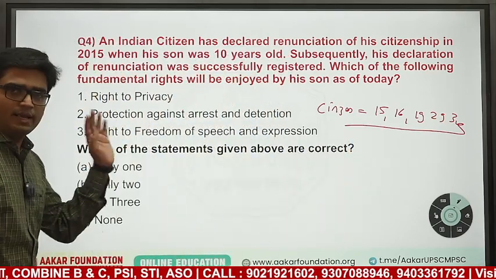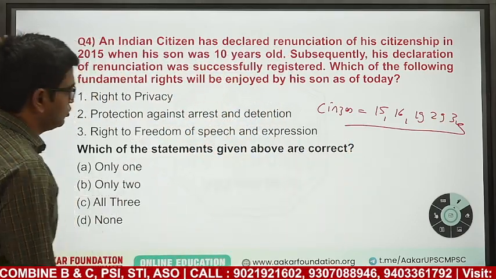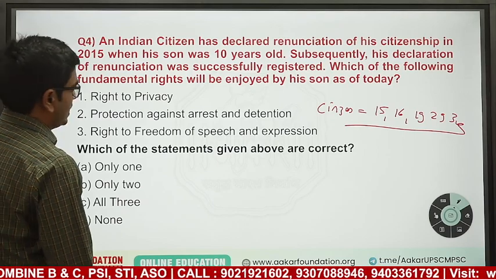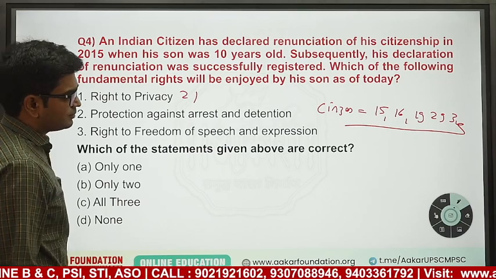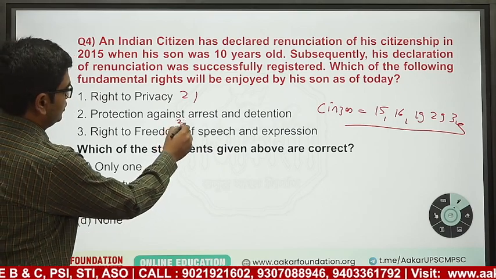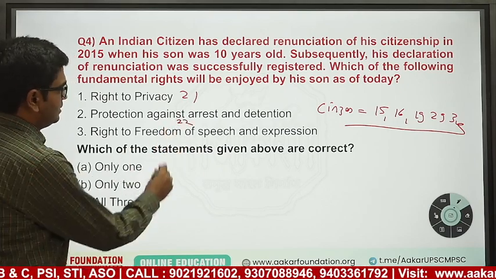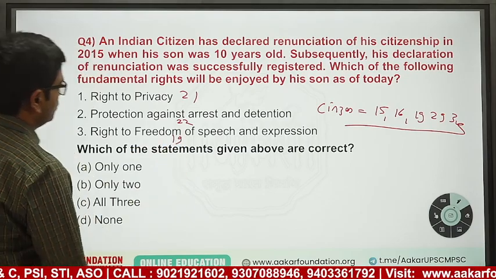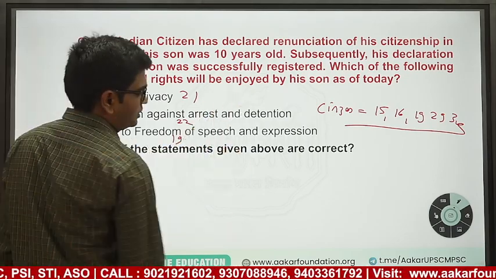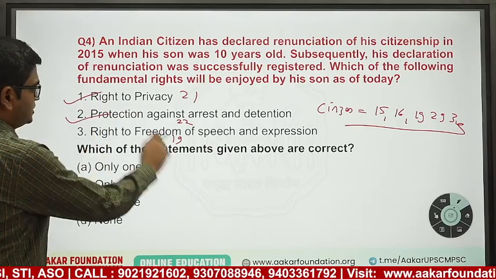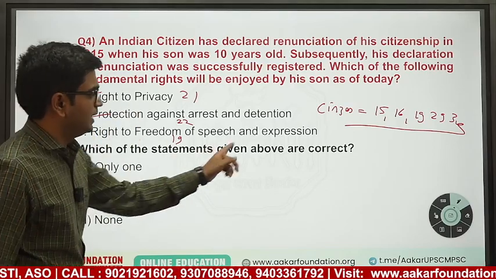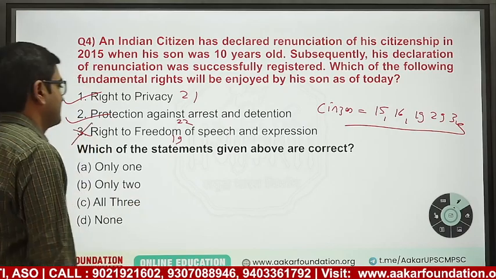Other than these rights, every right is applicable to all persons. For example, right to privacy, this is 21. Protection against arrest and detention, this is 22. Right to freedom of speech and expression, this is 19. So if the son is not a citizen, then right to privacy is applicable, protection against arrest and detention is applicable, but Article 19 is not applicable.